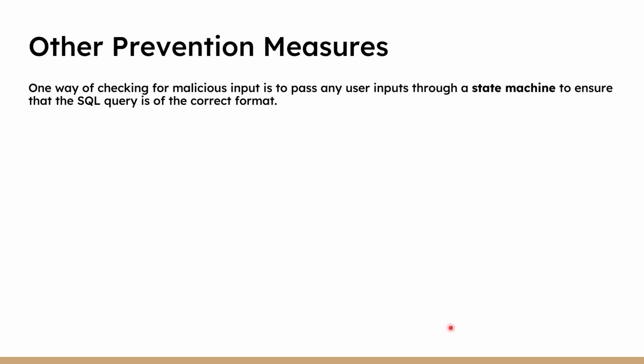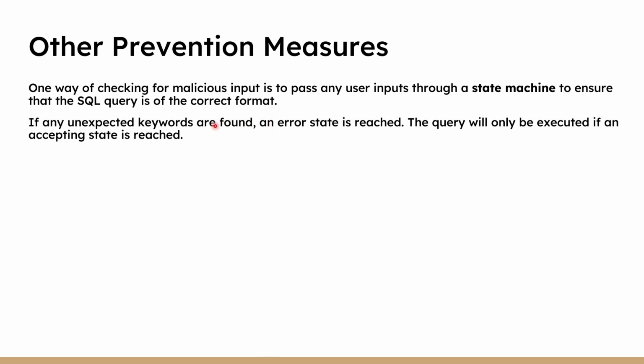Oh, final slide. So these are just some extra prevention measures. I don't know if we have to know these, but these are mentioned in the lecture slides. You could pass user inputs through a state machine to make sure that the query is in the correct format. I'll show you what a state machine is in a second.